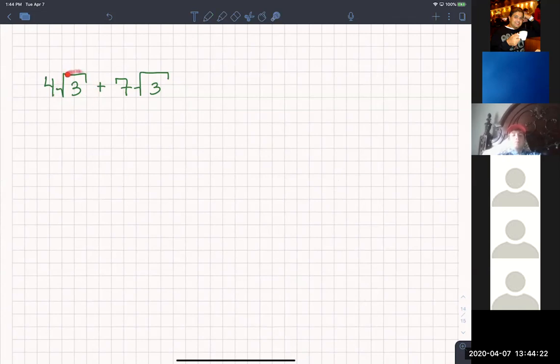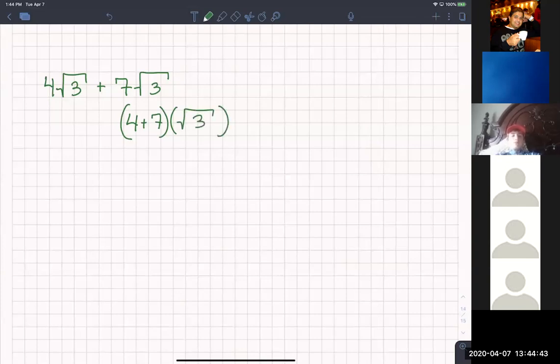You can only add or subtract the outside numbers if what's underneath the radical is the same. In this case it is, so I can just add the two outside numbers. I do not add the stuff underneath the radicals. I keep that the same.